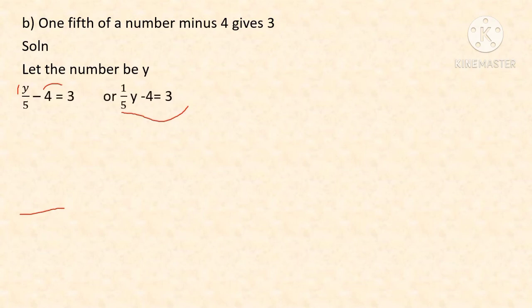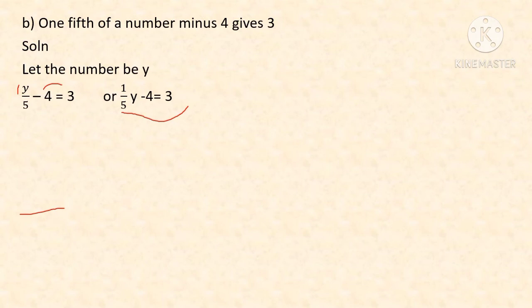So we can write 1 by 5 of a number. So 1 by 5y minus 4 is equal to 3. You can write like this or you can write this. 1 into y, right? So y by 5 minus 4 equal to 3. This is also correct. Here I have written directly. Here one more step. 1 by 5y minus 4 equal to 3.